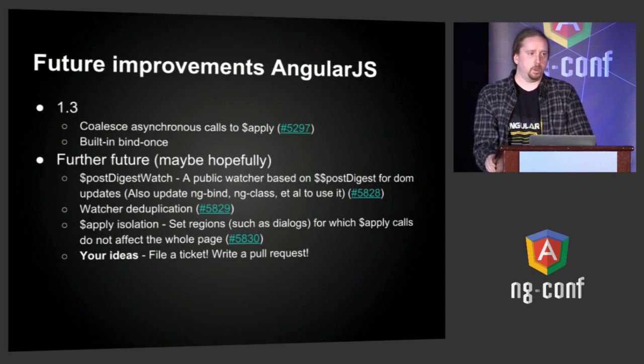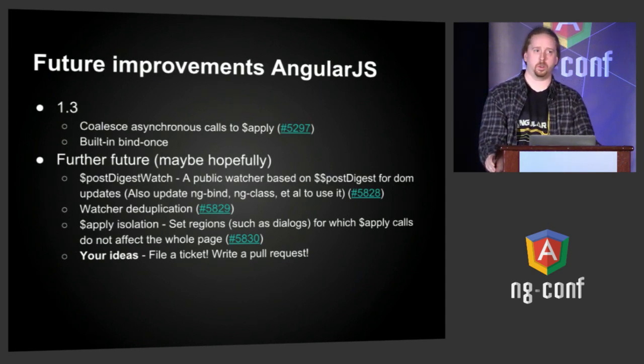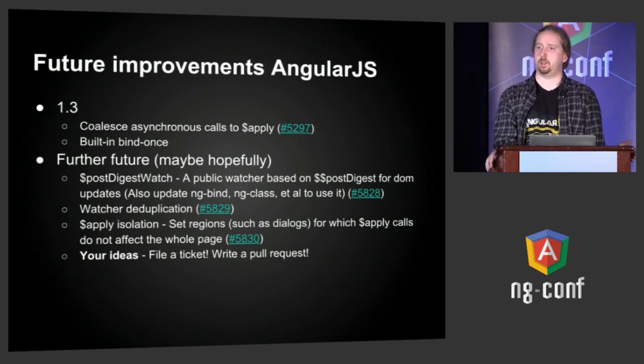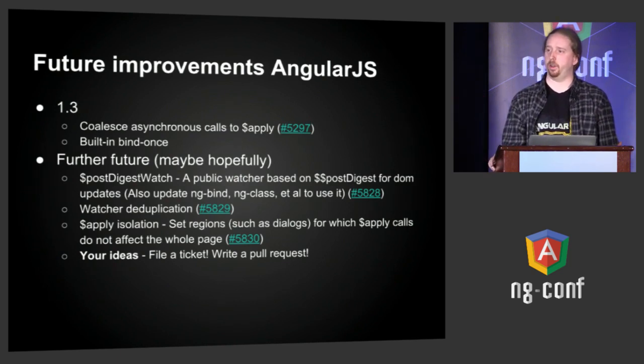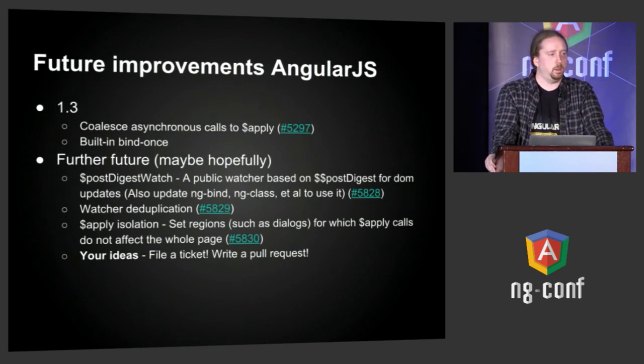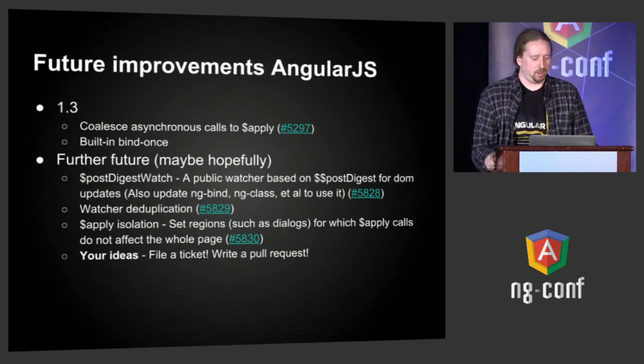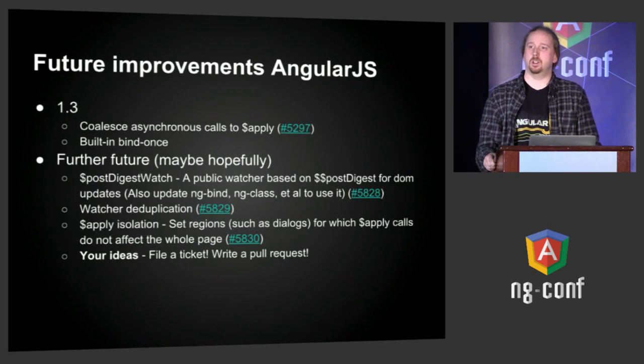But just because of the way Angular works, any events that happen in that would trigger digest cycles, like full page applies that would affect everything, even the stuff behind the dialog that the user can't even touch. So we hacked this thing together that monkey patches apply and lets you isolate these regions. Rather than recommending that you all set out and monkey patch apply, I think it would be better to actually get a feature like this into Angular.